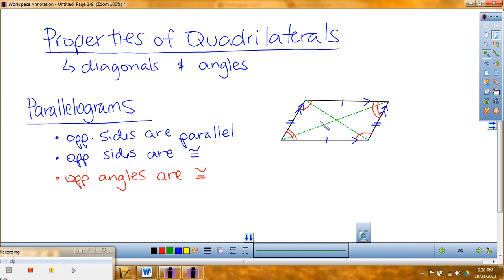So one diagonal cuts the other into two congruent parts, and this diagonal cuts the other diagonal into two congruent parts. So the diagonals bisect each other, or they're both segment bisectors of each other. Diagonals are bisectors of each other.